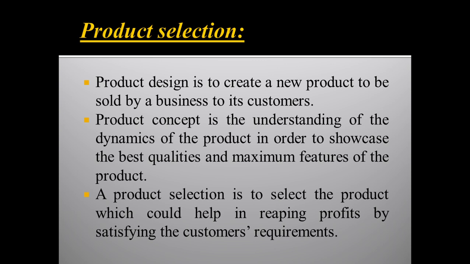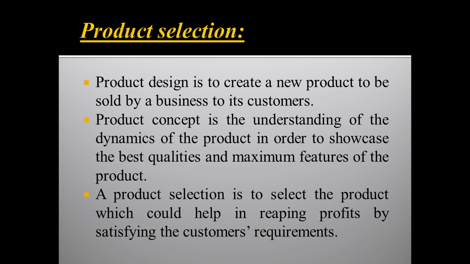So, what do we produce in the factories? The products. How are you going to select a product, what you are going to produce? For that, you need to design a product. Product design is to create a new product that is to be sold by a business to its customers.